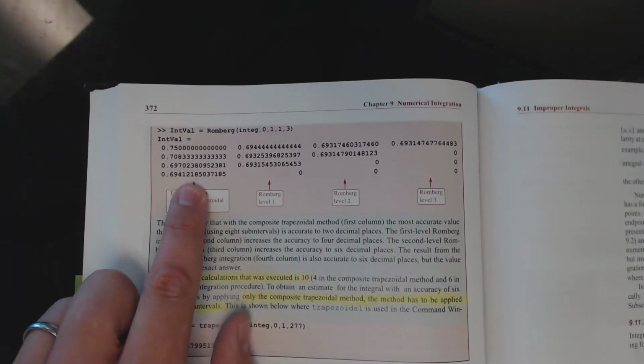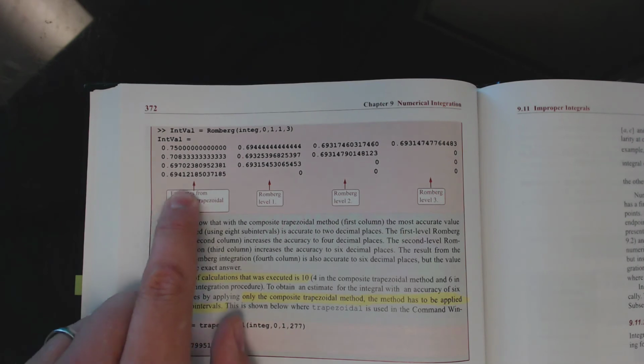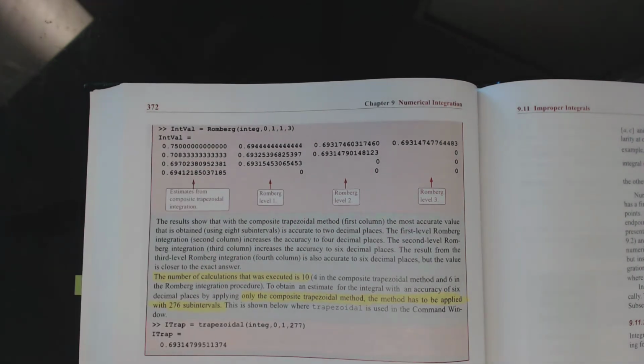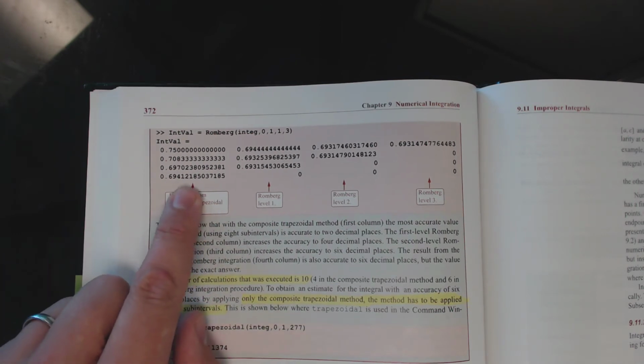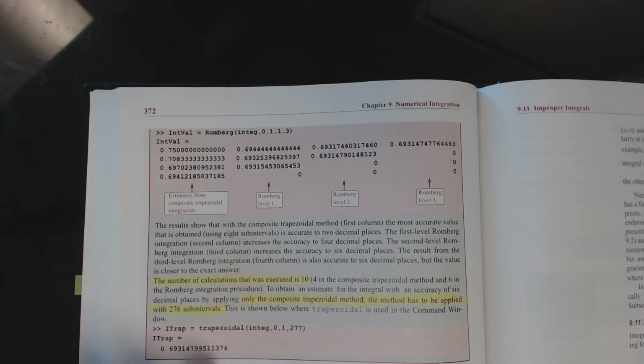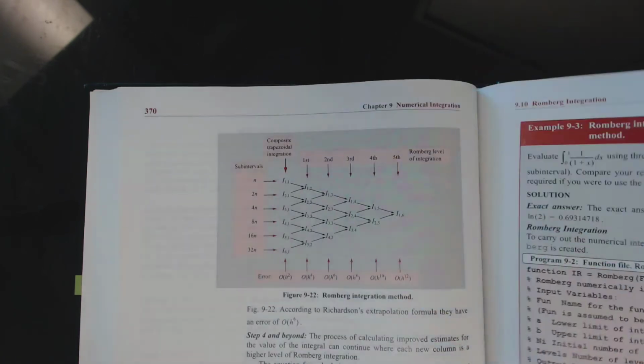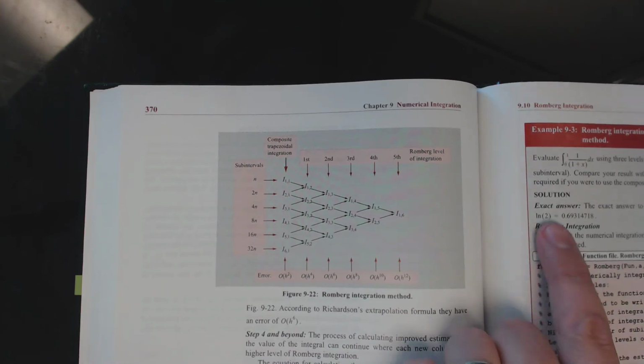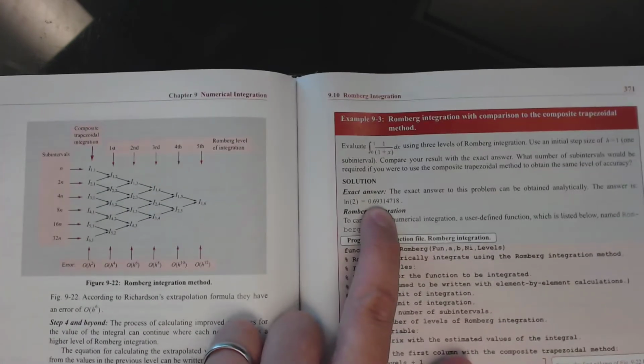They start with 4 different estimates, 4 different numbers of intermediate regions. So even with their best applied trapezoidal method, they get 0.69412, and if reality is 0.69314, that's still off by, well, quite a bit.